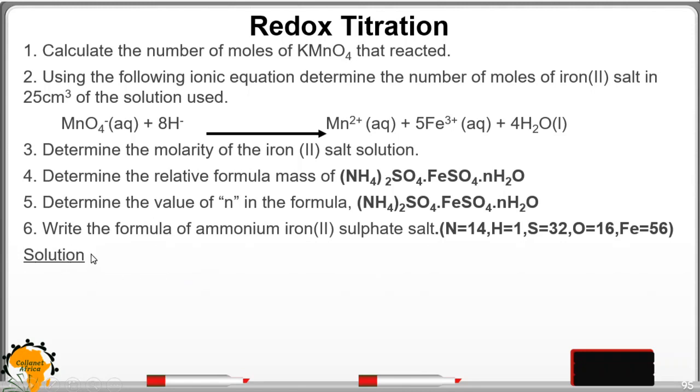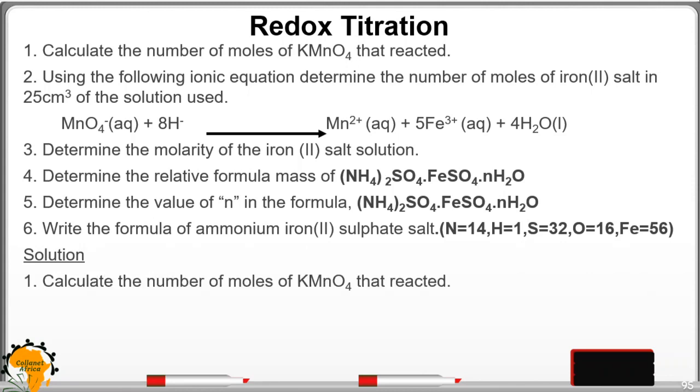In such questions, I would advise you first of all to read every sentence slowly to internalize and understand. It's a very simple question, and if you read carefully, you'll get all the answers correct. For example, in question 1, calculate the number of moles of potassium permanganate that reacted.